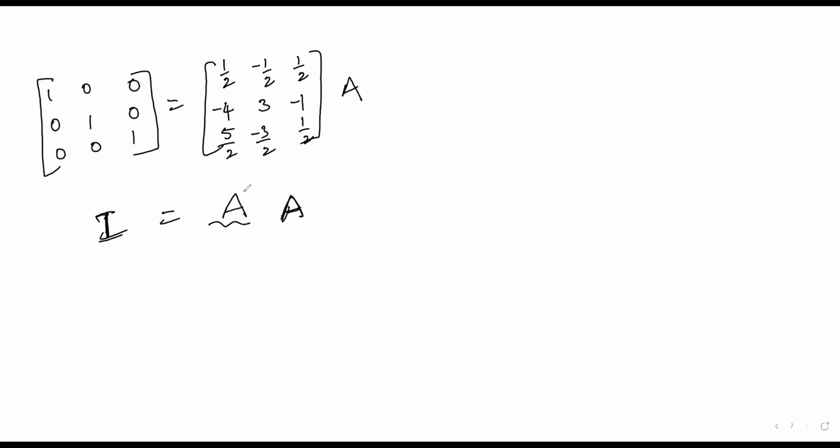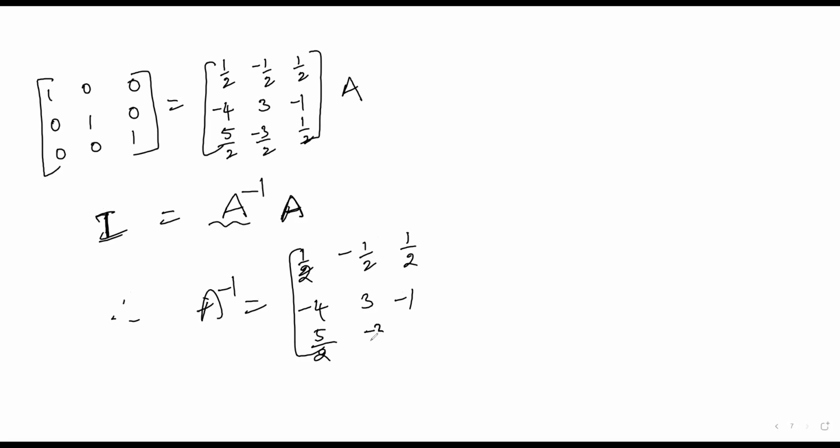This is A inverse. And therefore, the conclusion is A inverse is 1 by 2, minus 1 by 2, 1 by 2, and this is minus 4, 3, minus 1, and this is 5 by 2, minus 3 by 2, and this is 1 by 2. Okay. This is what is A inverse.